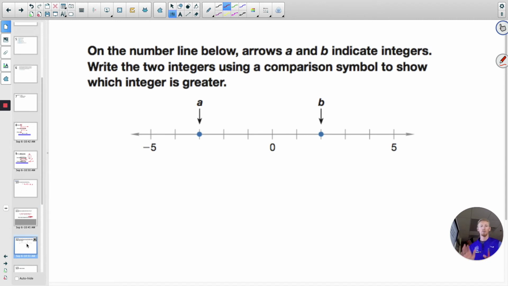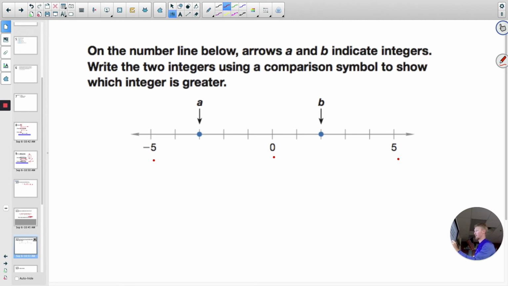All right, on this number line, it says arrows A and B indicate integers. So integers can be anything from 1 to as high as you can count, or -1 to as low as you can count, or 0. Those are integers. So it's asking, what do these represent? So I have 0 marked, and I have -5 and +5, but none of these other ones are marked. So what you can do is try to figure out, okay, what do each of these represent?